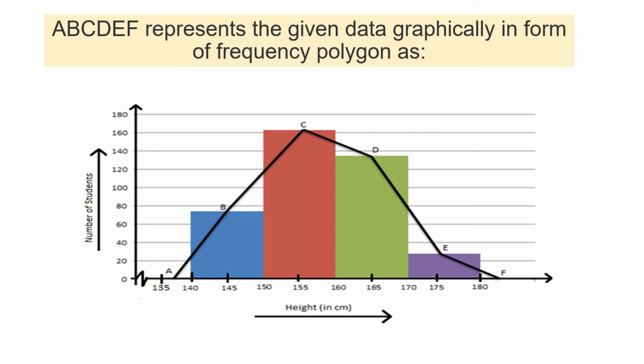In a similar way, one point from the beginning of the x-axis and one point at the end. When we join all these points, we get a frequency polygon. The difference between a time series graph and a frequency polygon is basically that a time series graph does not touch the axis, whereas your frequency polygon touches the x-axis at both ends.